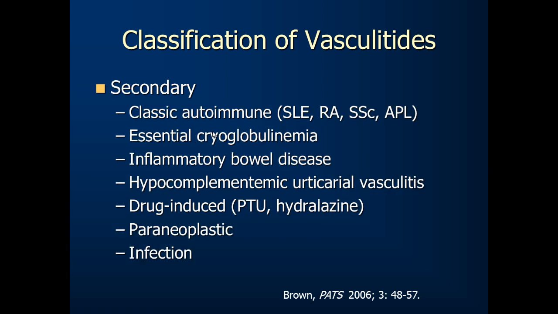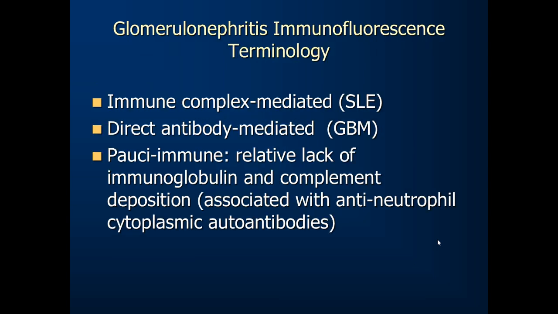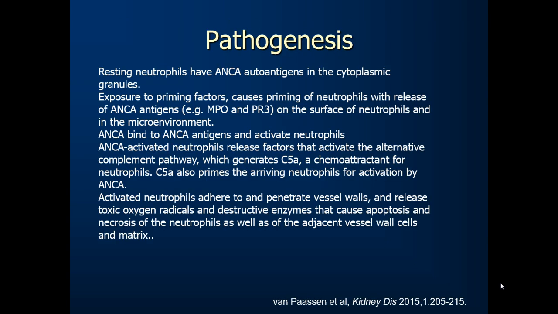Secondary would be our classic autoimmune diseases like lupus or scleroderma, and then paraneoplastic and infection. However, I couldn't understand why it was called pauci-immune when there are actually antibodies involved. It's really immunofluorescence staining. When you're looking at a renal biopsy, it's the relative lack of immunoglobulin and complement deposition. So that's where that name comes from. I think it used to confuse me a lot.